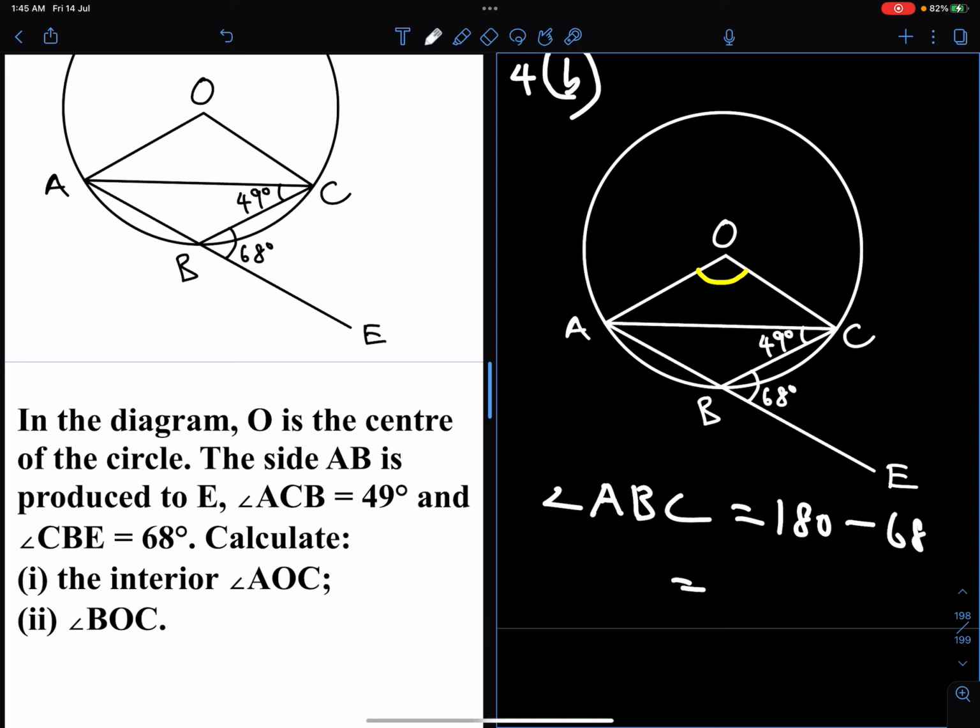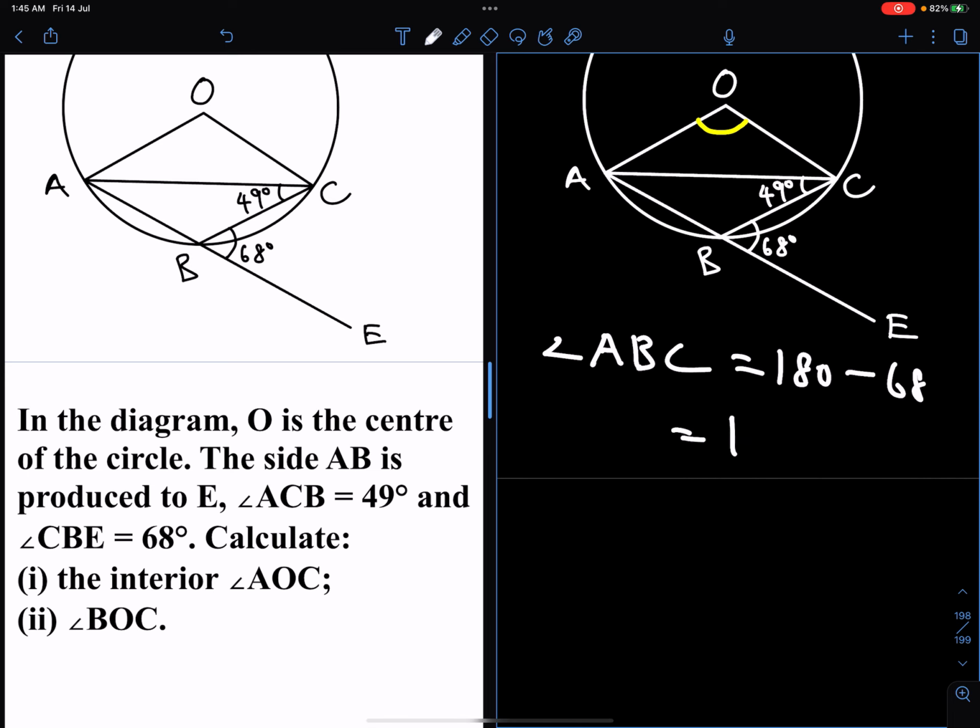Sum of angles on a straight line. Angle ABC plus 68 degrees equals 180. So angle ABC is equal to 180 minus 68, and that's 112 degrees.